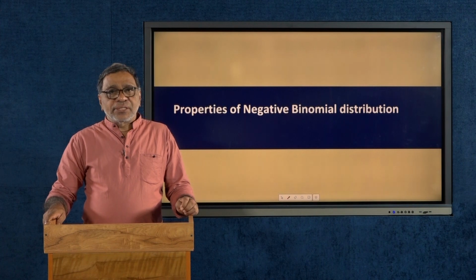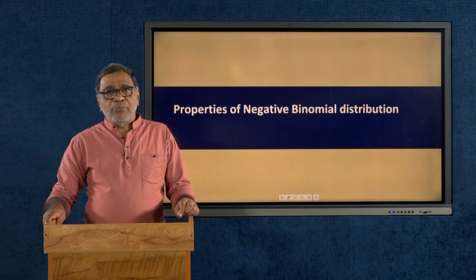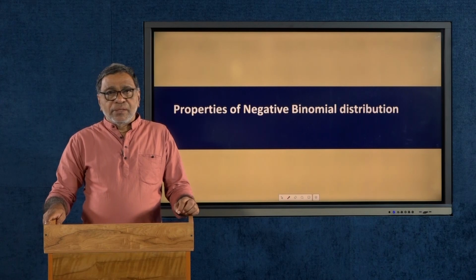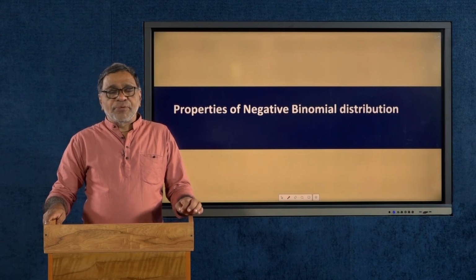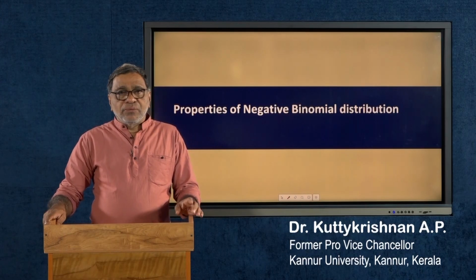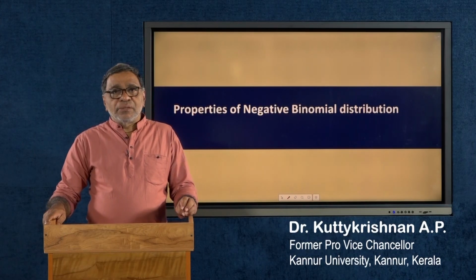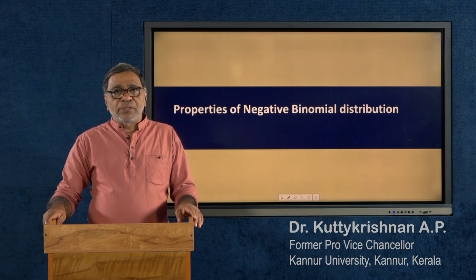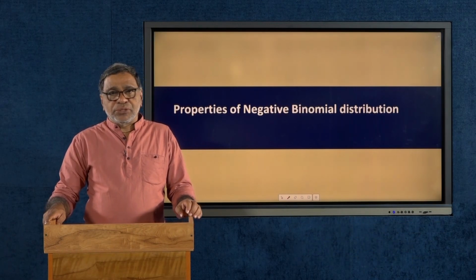In the last session, we have defined negative binomial distribution, its different versions of probability mass function, and now we are finding mean and variance of the negative binomial distribution.